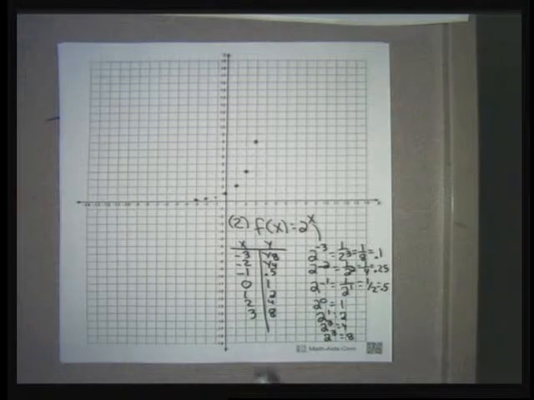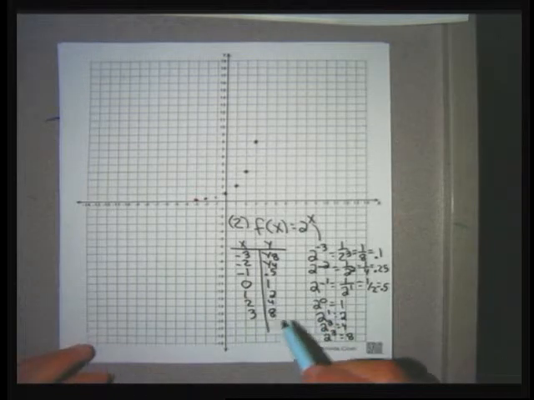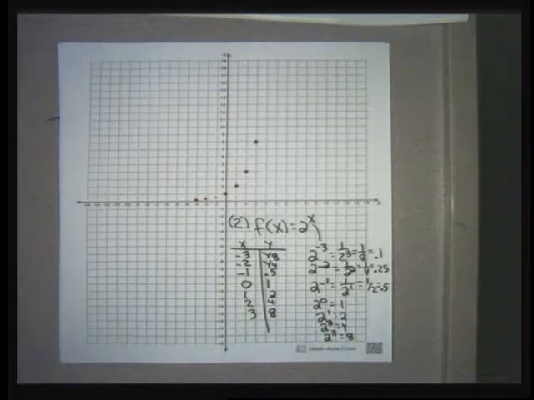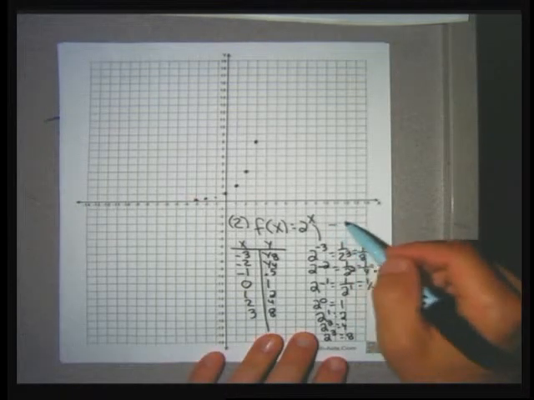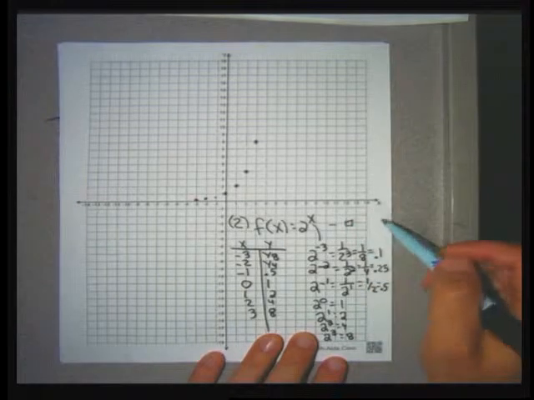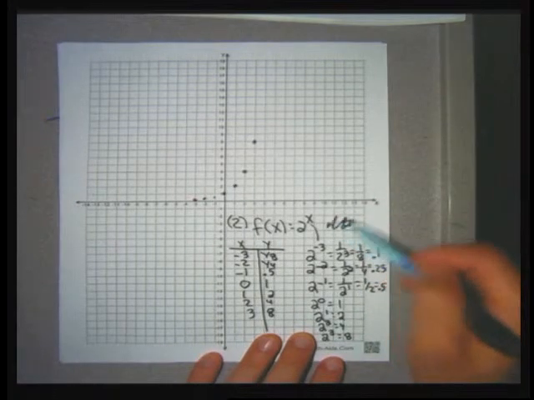It turns out that most exponential functions stay above the x-axis. They don't touch or cross the x-axis. The only way they could touch or cross the x-axis is if after this 2 to the x I had a minus some number. That would make the graph go beneath the x-axis, and I don't have that here.